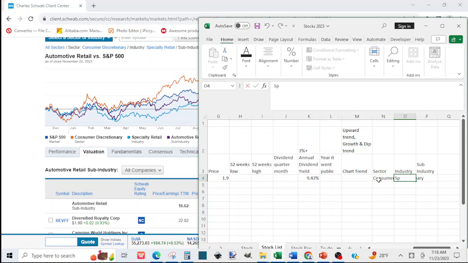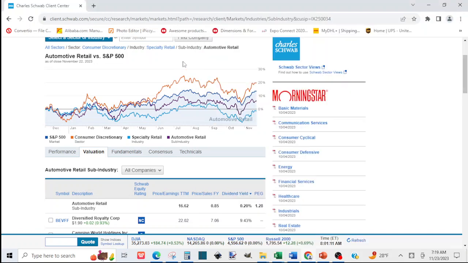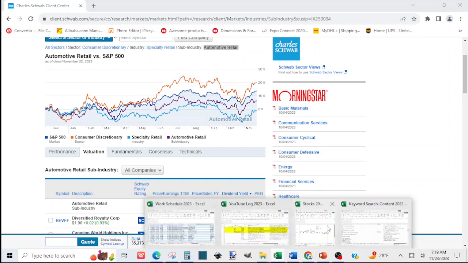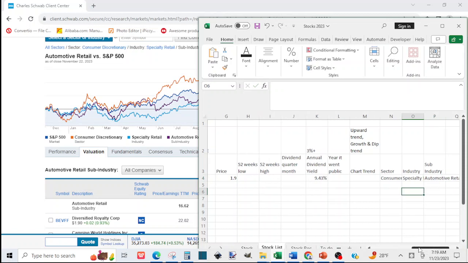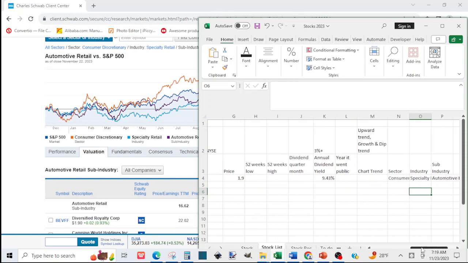The industry is specialty retail, and the sub-industry, because the sub-industry is not highlighted, I can just copy it instead of typing it. And I will click twice in it so that I can paste it without the formatting from where I copied it from. And that's how you enter that information.